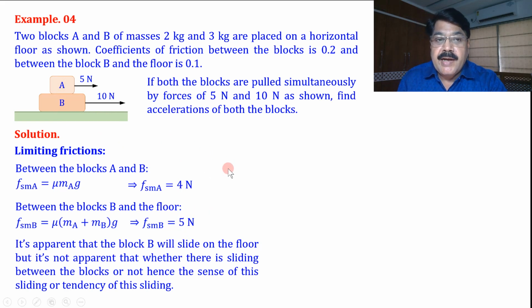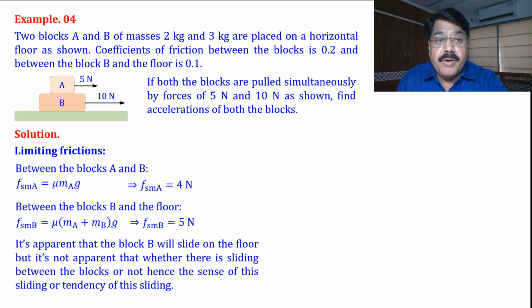So we will decide whether there is sliding between the blocks or not. For that, we will use the same strategy. We calculate the required friction here to prevent sliding, and then we compare it with the limiting friction. We can calculate accelerations of these two blocks assuming friction here is 0. These accelerations will show us the tendency of sliding, meaning the direction of static friction.